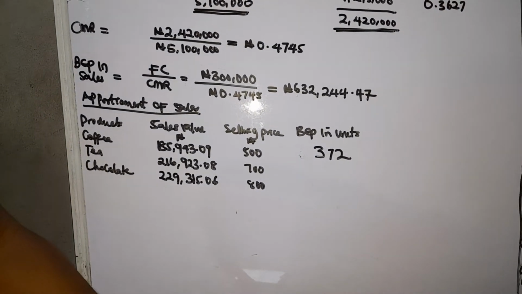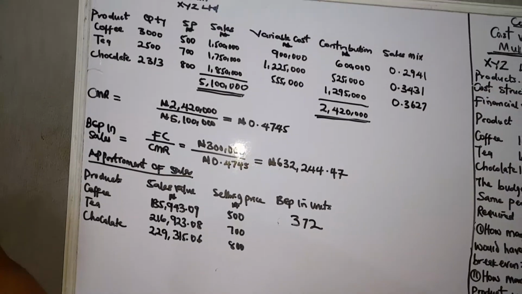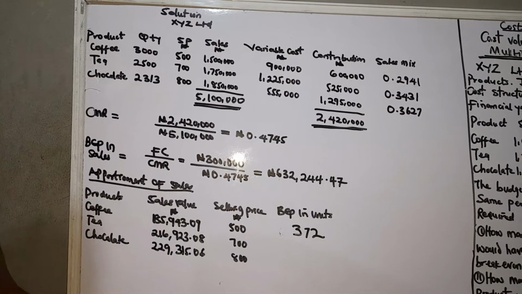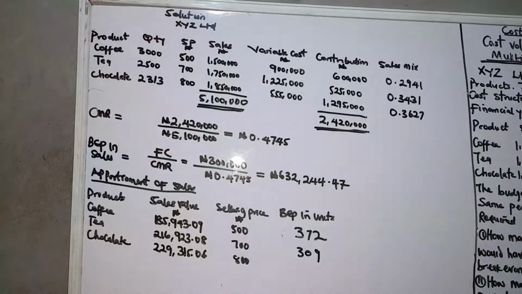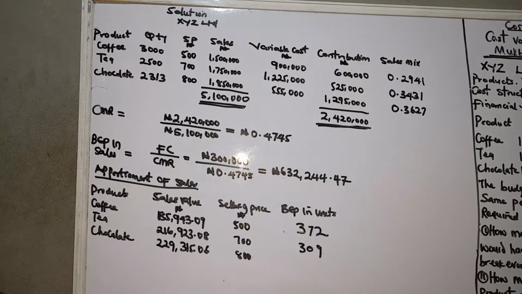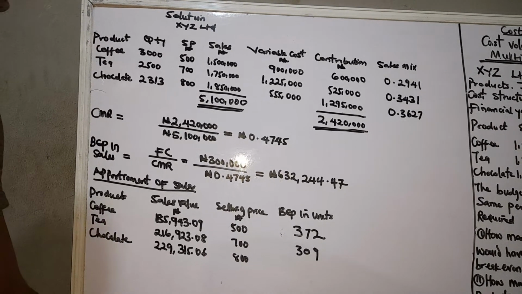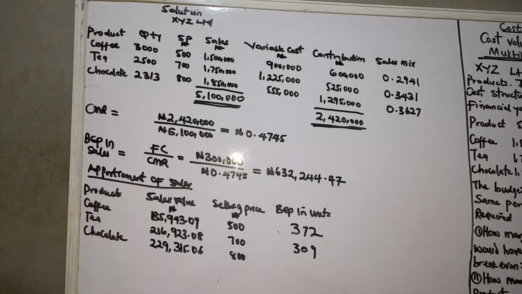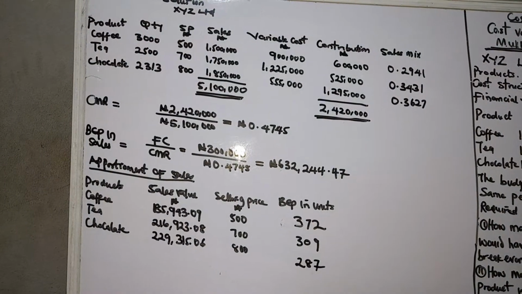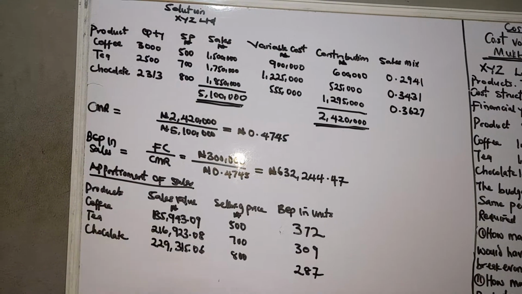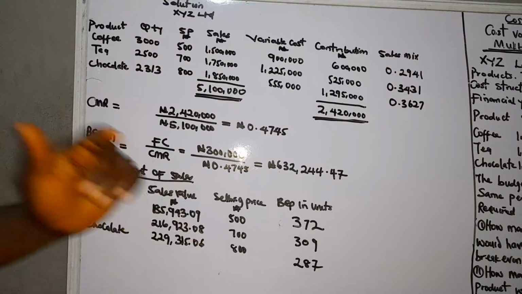Then for tea, we have 216,923.08 divided by 700. That will give us 309. Then for this one, we have 229,315.06 divided by 800. This one gives us 287. So that's our break-even point in units. So we are done with the first part of the question.